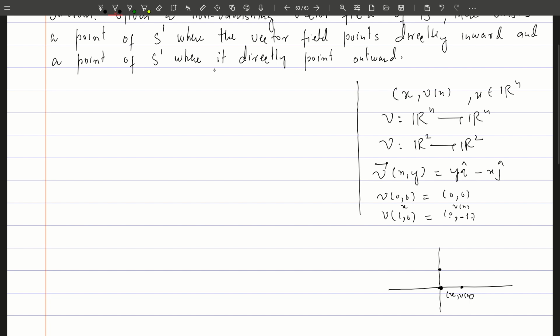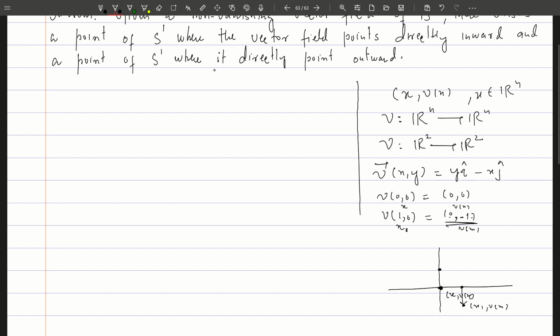That means from here we have to draw an arrow, a vector, towards this point. If this is x1, this is vx1, so this is the point x1, vx1.